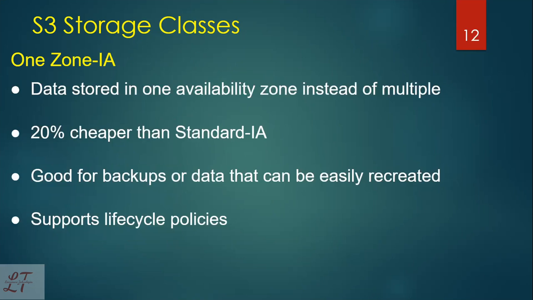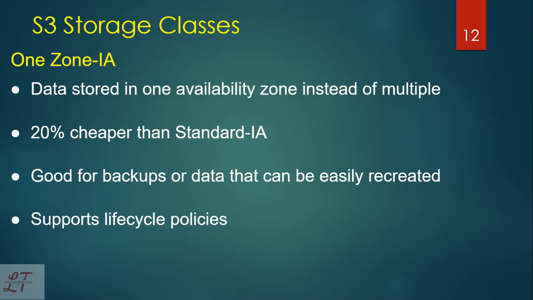One Zone IA means S3 Standard one zone infrequent access. The infrequent access data that you store, you only store in one availability zone. That's one big disadvantage, because if something happens to that availability zone and it gets destroyed, all your data gets lost since you're storing in just one availability zone.